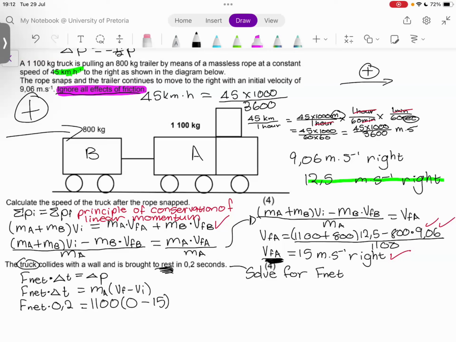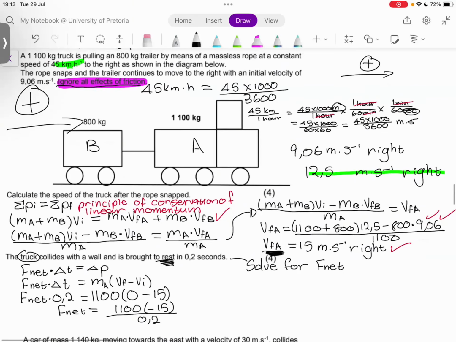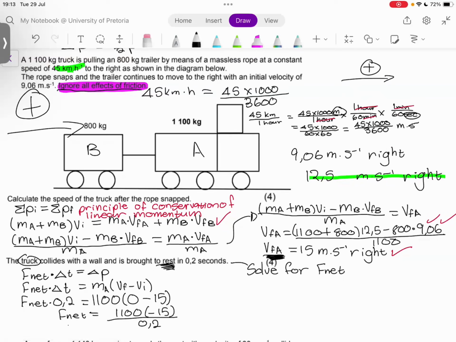We then solve for F net by having that alone on one side and have 1,100 multiplied by minus 15 divided by 0.2, and that gives us an answer of F net is equal to, I'm going to put that into my calculator quickly.